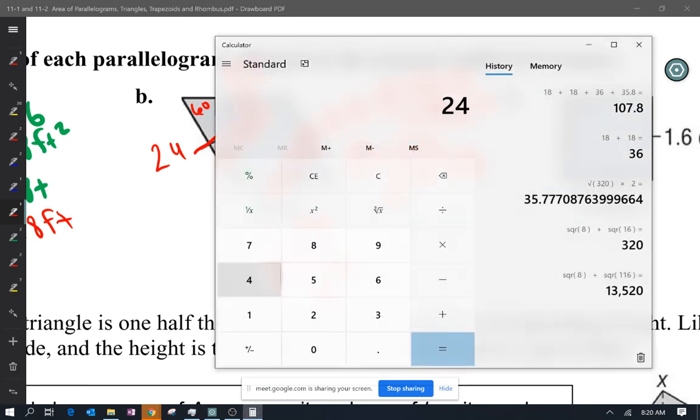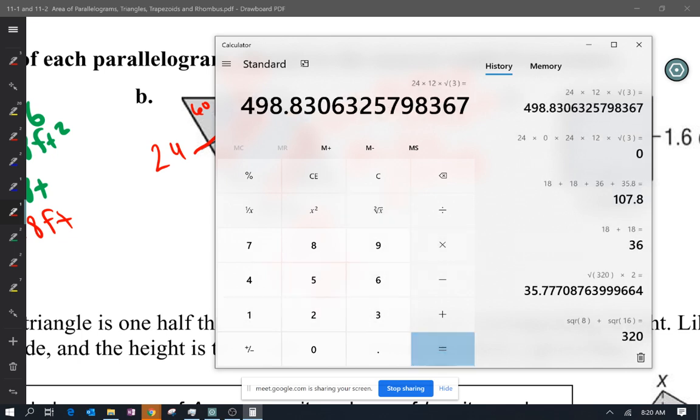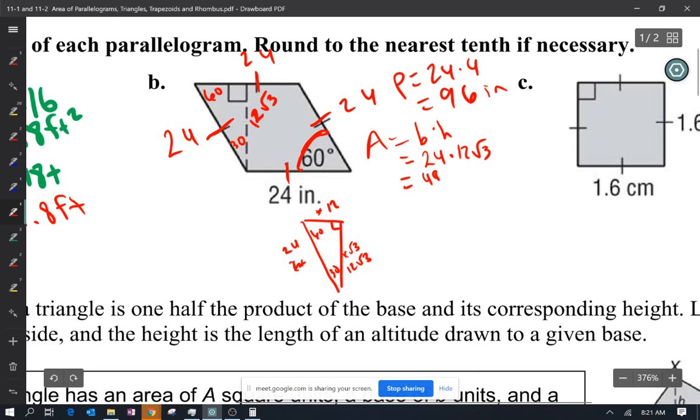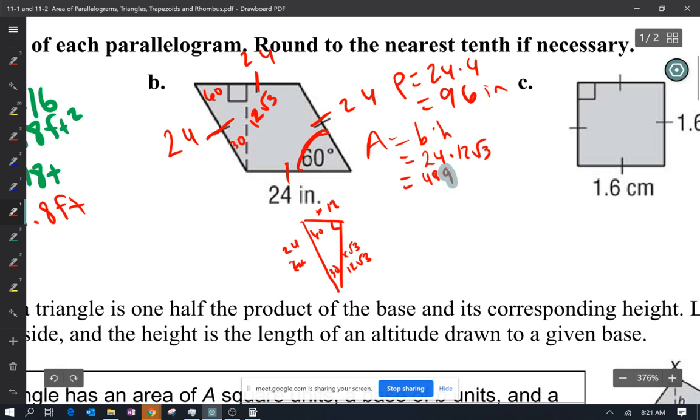All right, so we get 24 times 12 times root 3 equals... that sounds reasonable. Actually, 498.8.